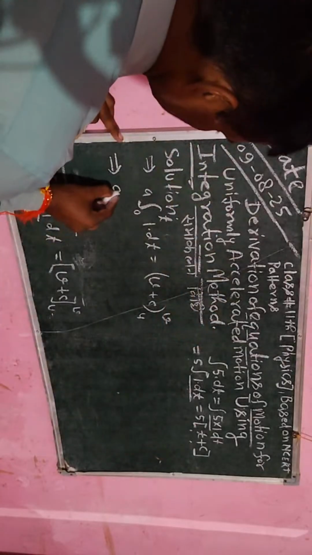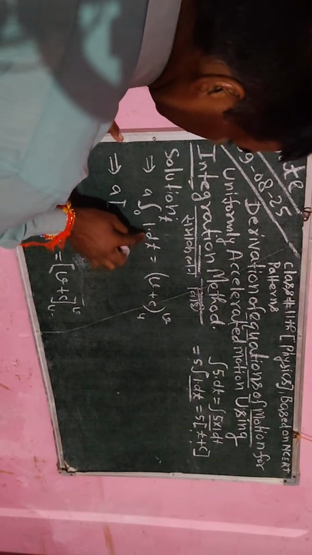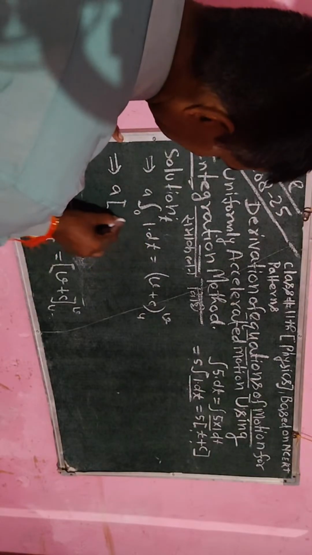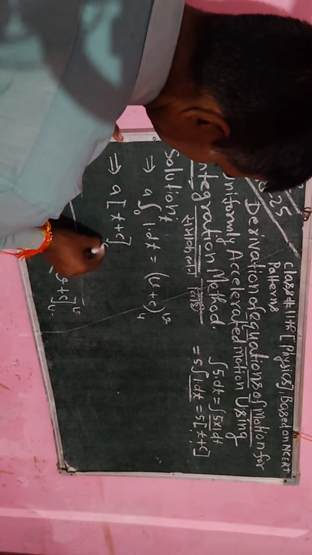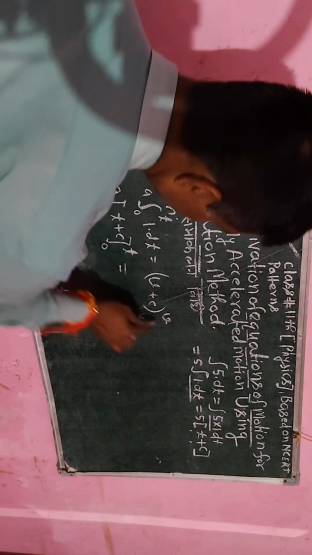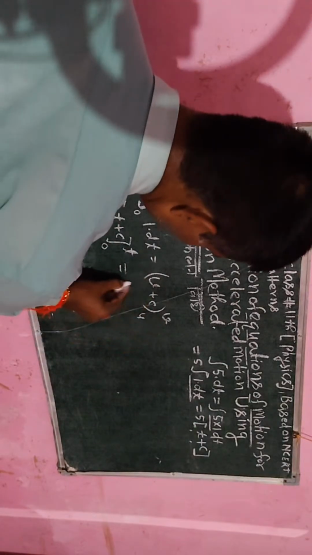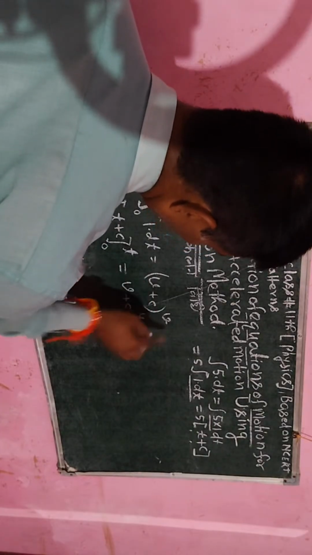So a is constant, so it will be outside, and the integration of 1 with respect to t will be t plus c, but its lower value is 0 and its upper value will be t. Again here I will put the upper value, that will be v plus c, because in the place of v we have to put v.